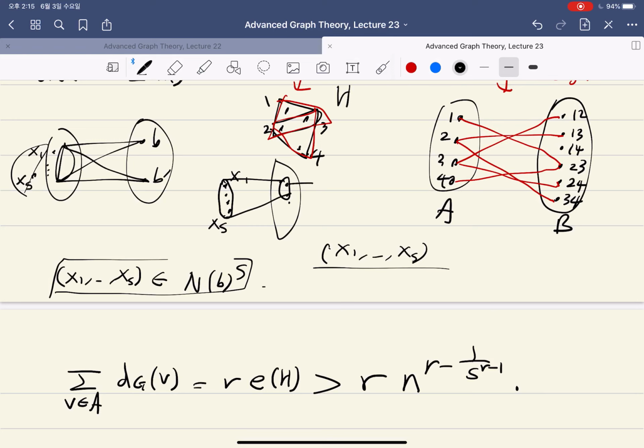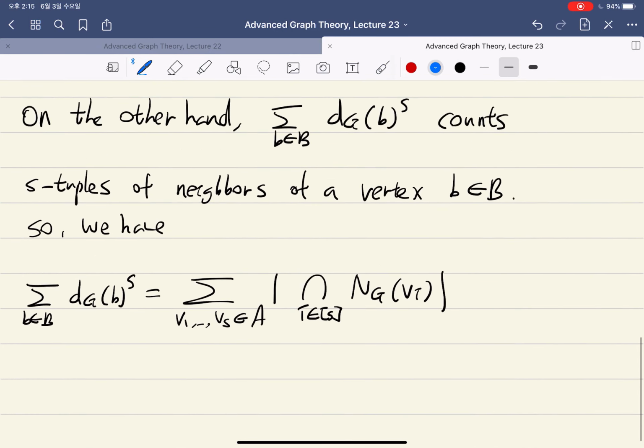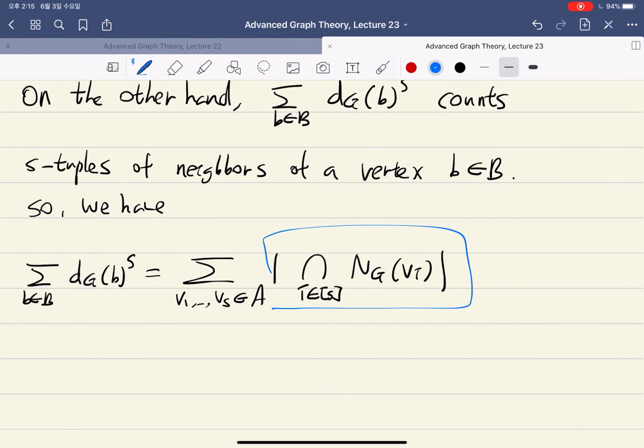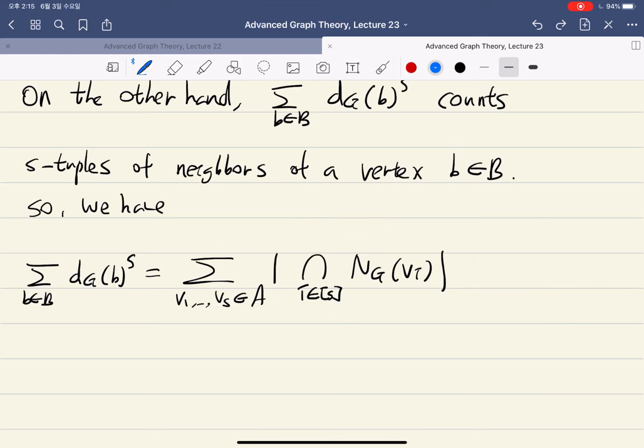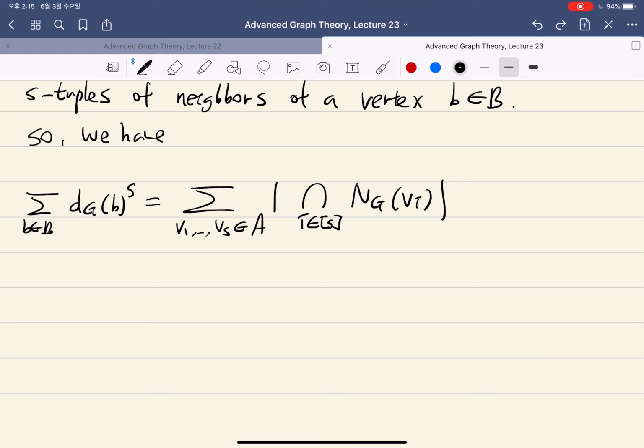And for each such B, it has a neighbor which contains all s of them, so it counts this specific tuple. All of this counts that, and all of that outside does not count this tuple. So this counts exactly how many times each tuple gets counted. So we have this equality.